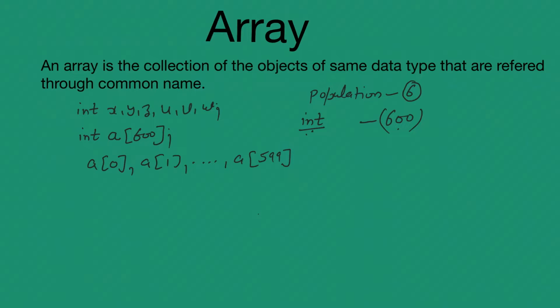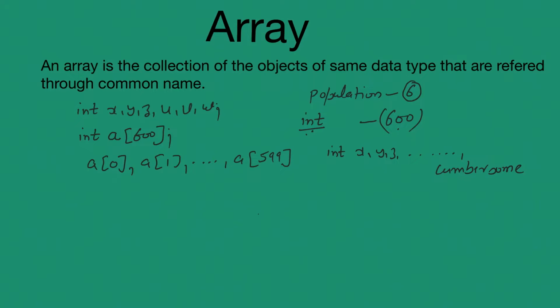Otherwise it would have been very difficult, almost impossible, to define 600 variables. We would have to write x, y, z and all the 600 variables and then access them in the programming. It is a cumbersome job, not easy to do.